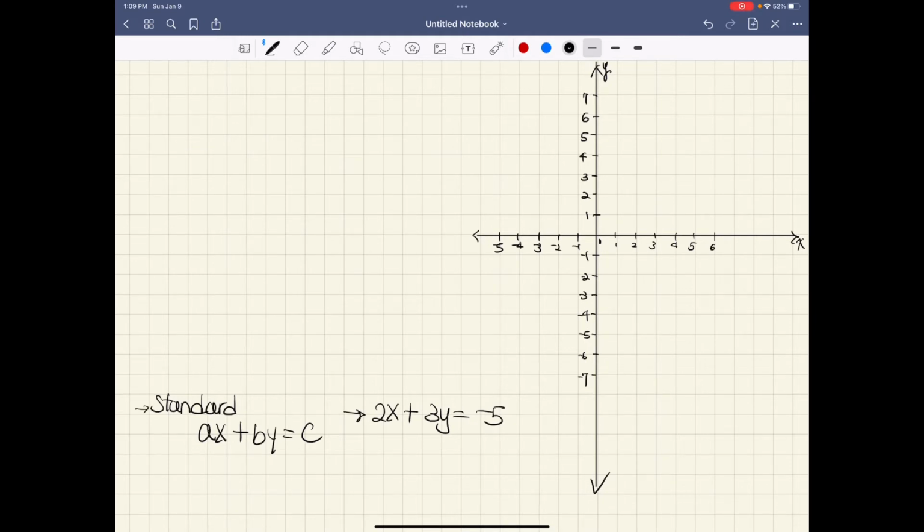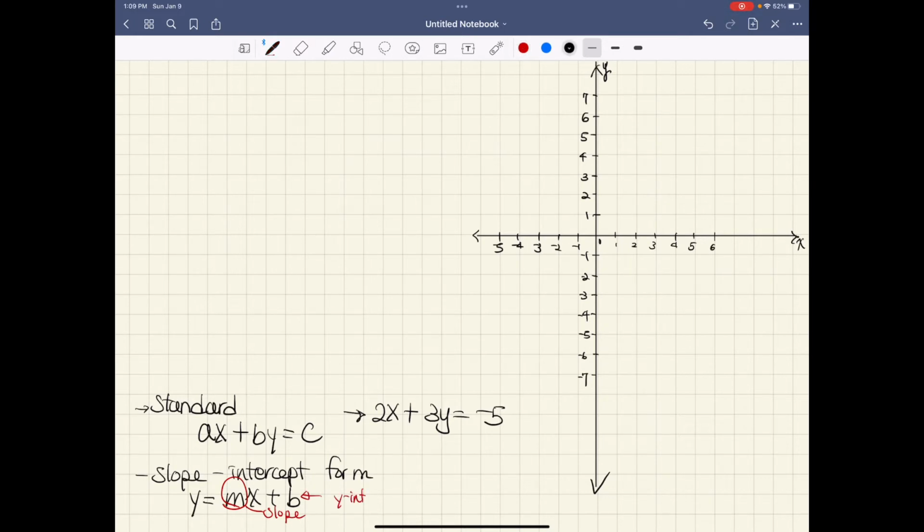Now, we have slope-intercept form of linear. This is y is equal to mx plus b. Here m represents slope, and your b represents y-intercept.